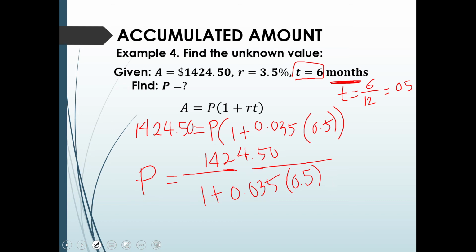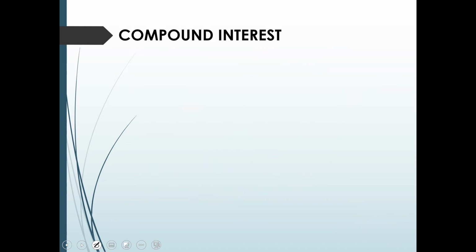Okay, so we will put this one in the calculator. This is divide. So our P is $1,400.